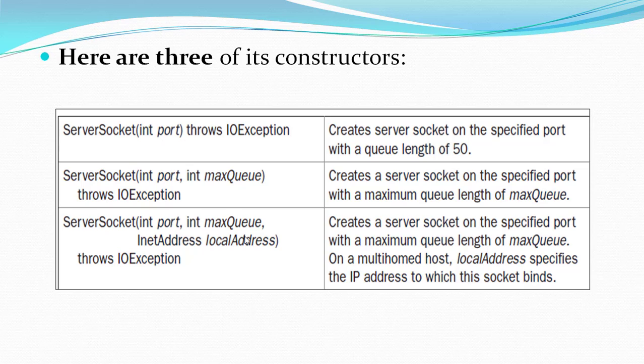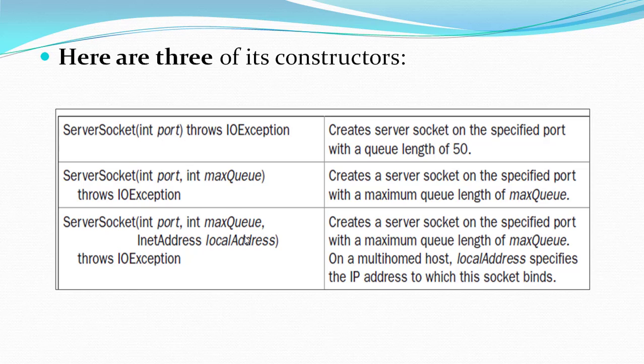Third constructor, ServerSocket(int port, int maxQueue, InetAddress localAddress) throws IOException. This creates a server socket on the specified port with a maximum queue length of maxQueue on a multi-homed host. localAddress specifies the IP address to which this socket binds.